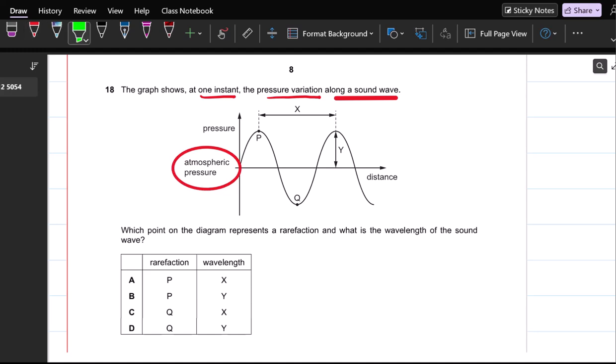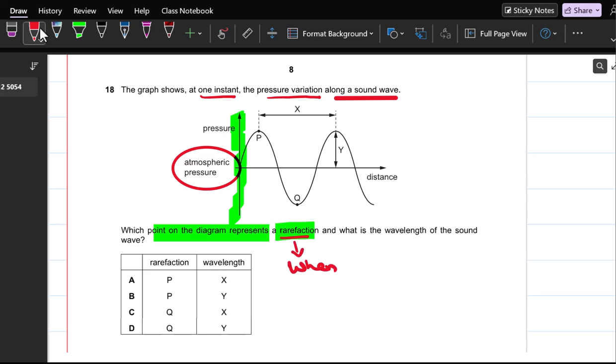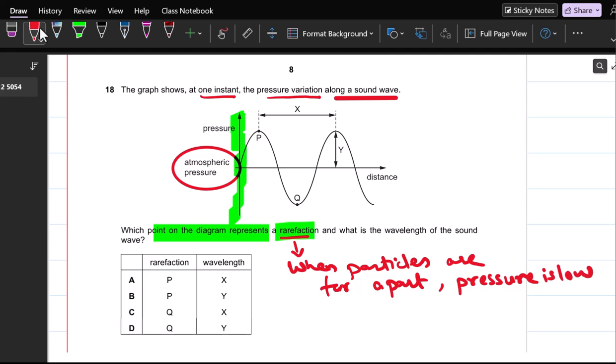Which point on the diagram represents a rarefaction? Rarefaction is when particles are far apart and pressure is low. So where is the pressure low in this diagram? At Q.